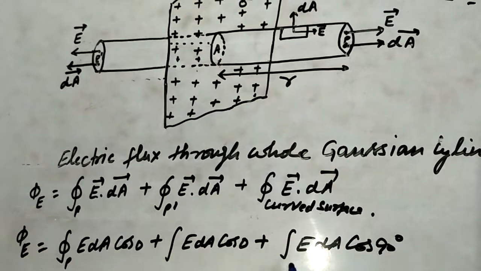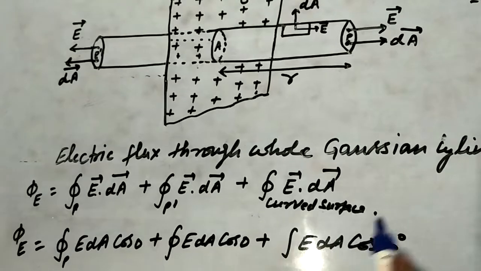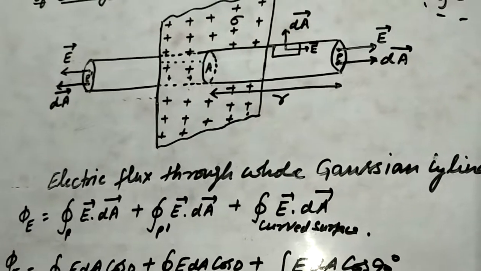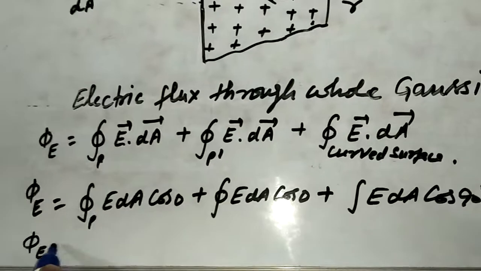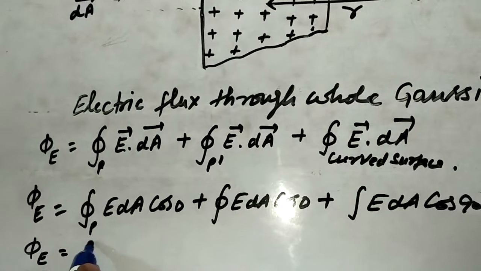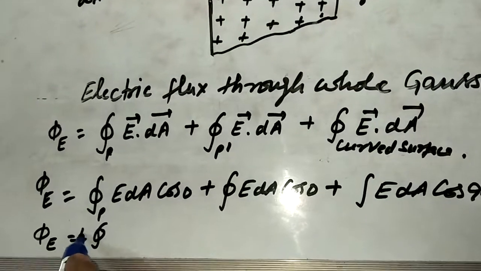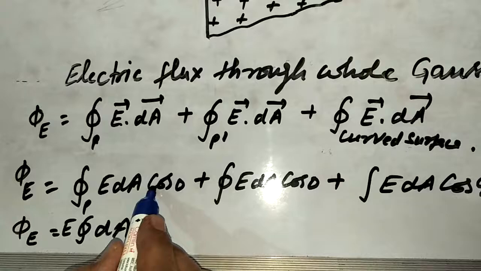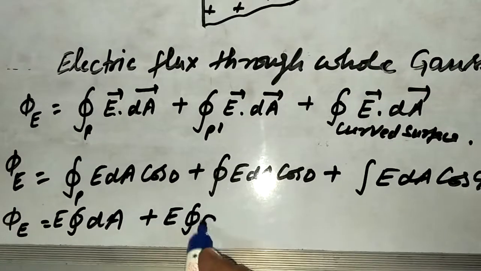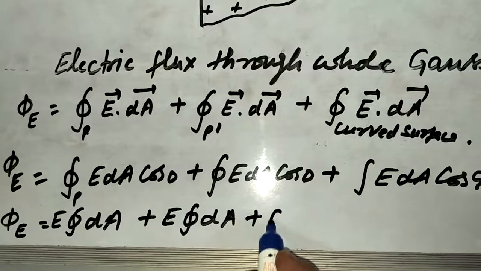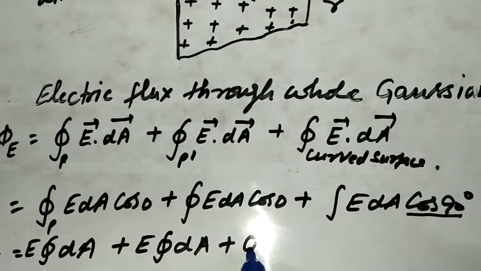And as you know, cos 90 is equal to 0. So phi E is equal to the whole integration, take E outside, dA, because cos 0 is equal to 1, plus E dA, plus 0. As you know, cos 90 is equal to 0, so this term becomes 0.